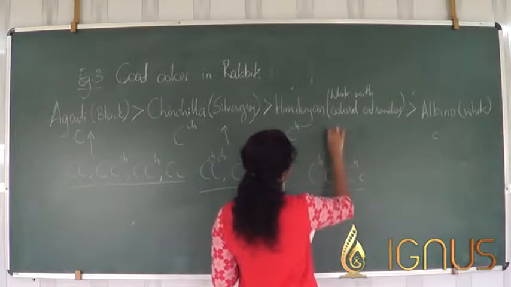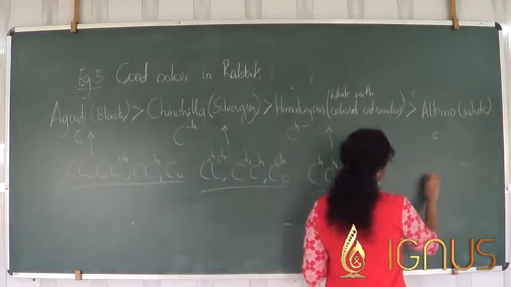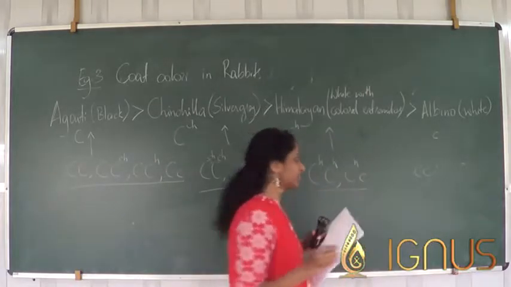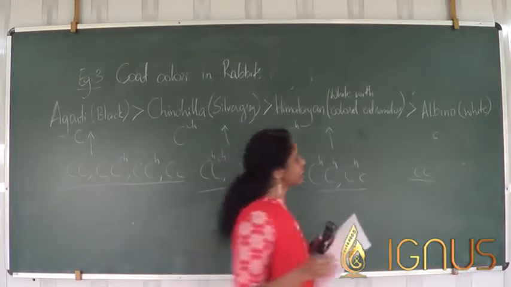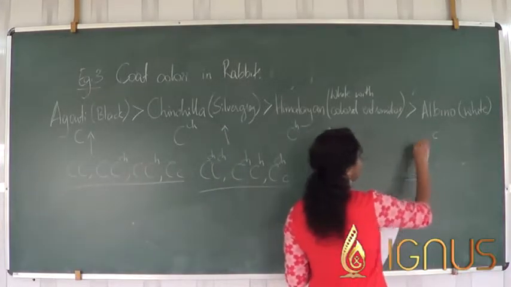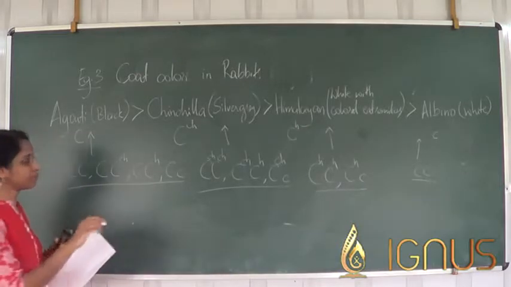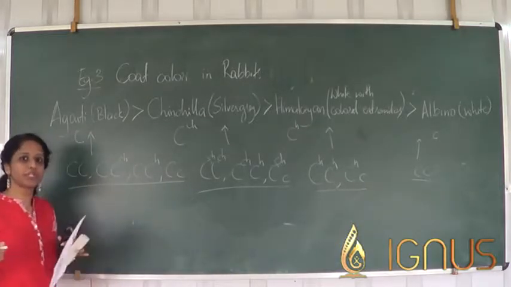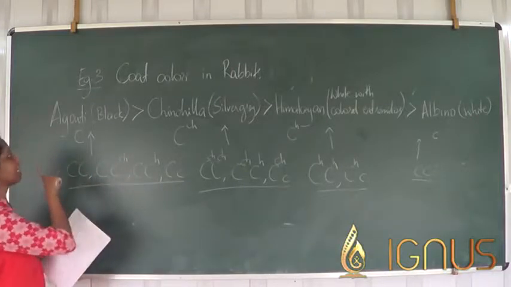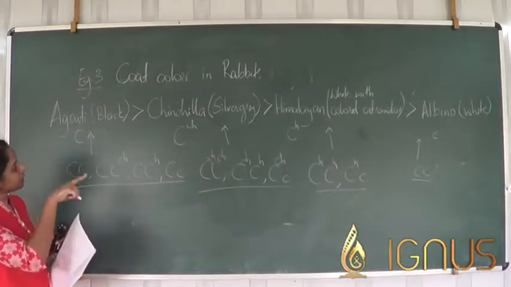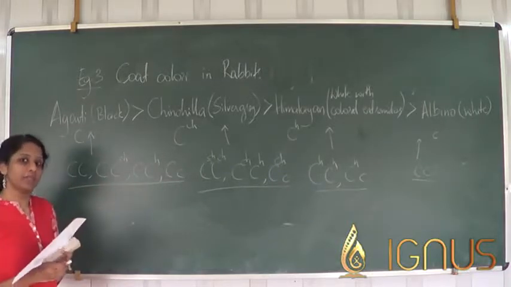Both of these would give rise to Himalayan, and albino can only occur if it is a homozygous double recessive. Only if it is a small letter c allelic form, then it is going to give rise to an albino coat color. So this would be the different genotypes that you would need to have to get the 4 different colors. And like I said, agouti is dominant over chinchilla, and chinchilla over Himalayan, and Himalayan over the albino.